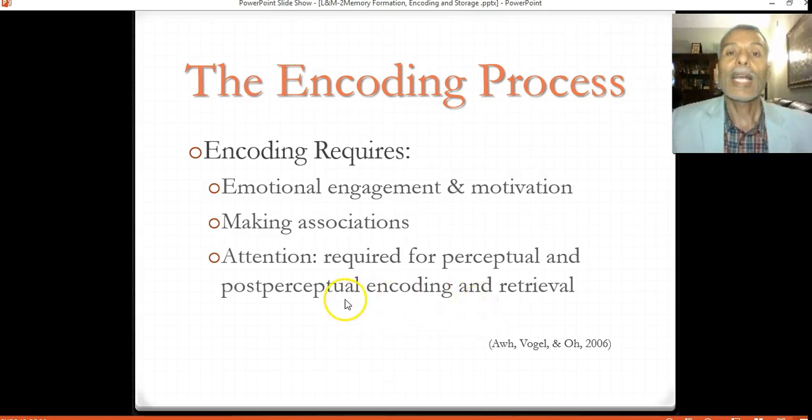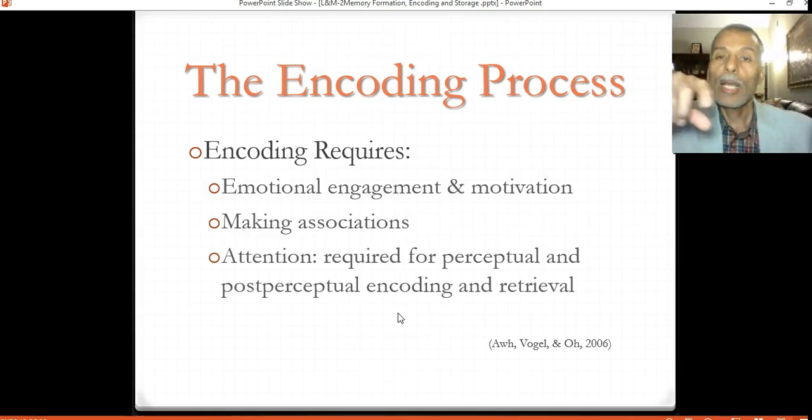Encoding requires attention. It is required for perceptual and for post-perceptual encoding and retrieval. For example, once you figure out the concept, you are aware of that information, then you need attention for that perception part.